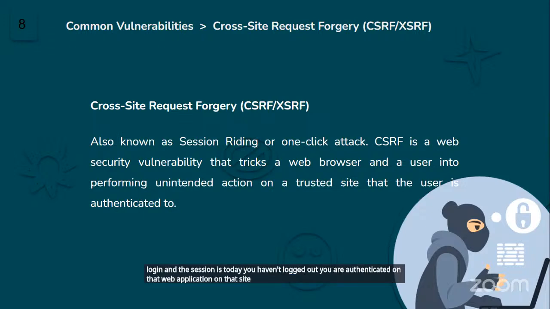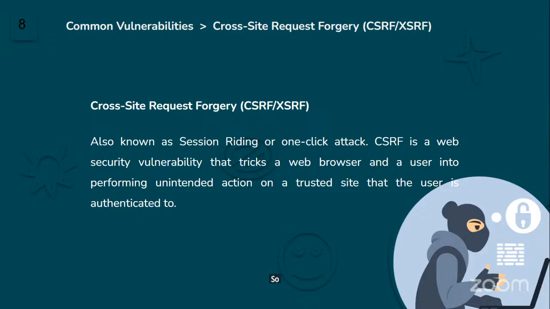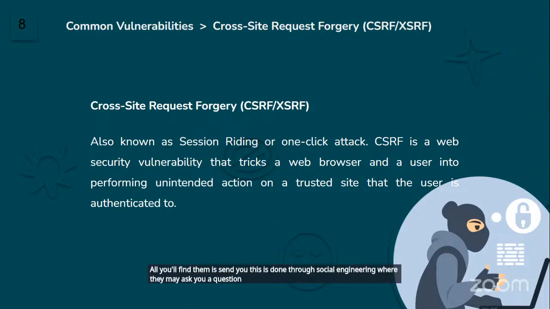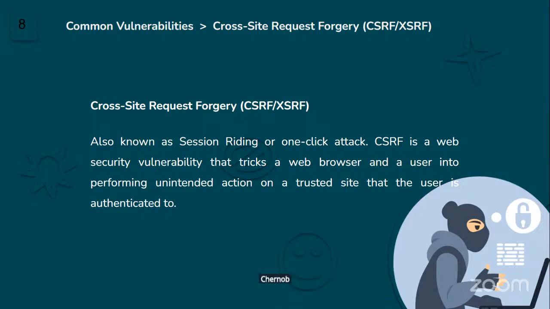So the potential attacker or offender may send you an email. This is done through some social engineering, where they may ask you a question or do something like that. They may send you an email, or they may even send you a message on WhatsApp that Tinubu wants to give all his citizens 50,000.